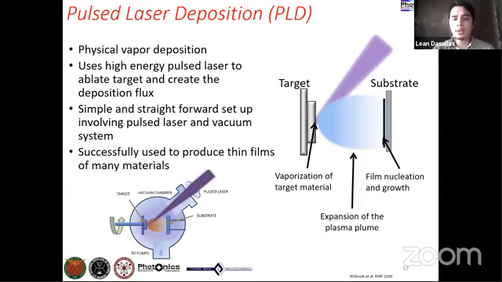So this is a natural consequence of the pulse laser ablation. Since in pulse laser ablation, we have a material removal scheme, in the pulse laser deposition, we put a substrate opposite to the target surface so that the ablated material will recondense on the surface of the substrate to create thin films.